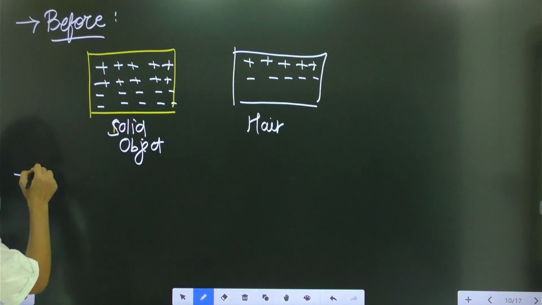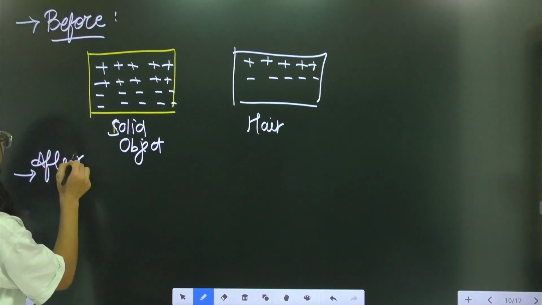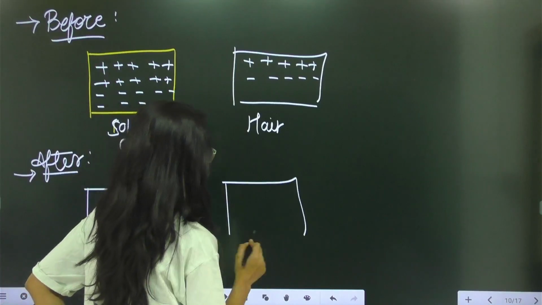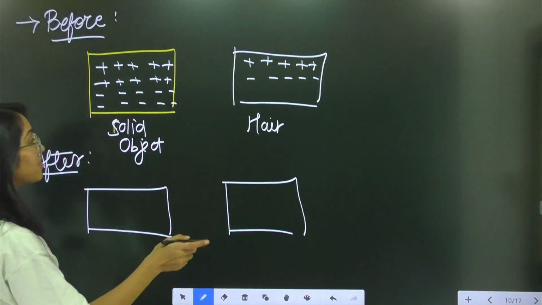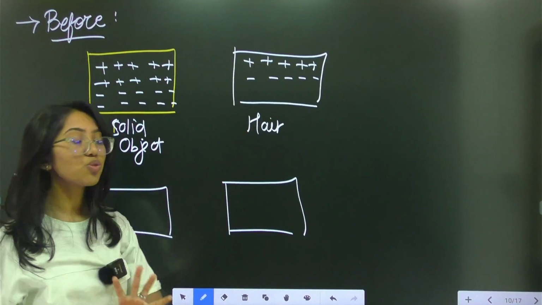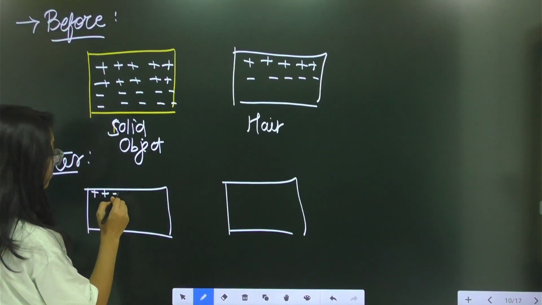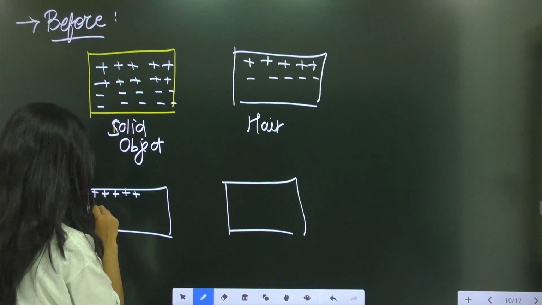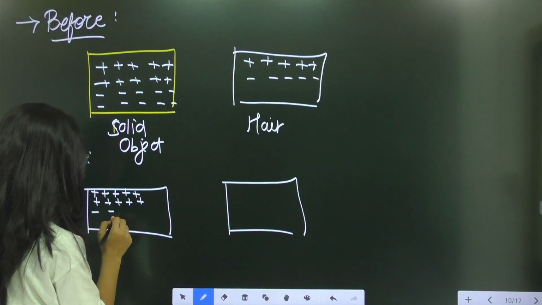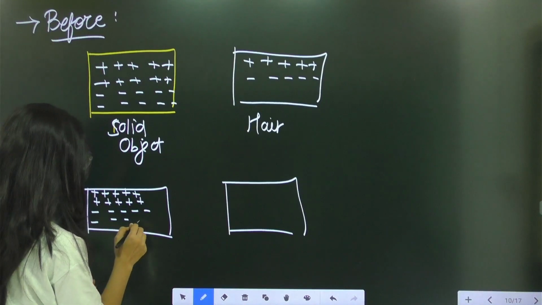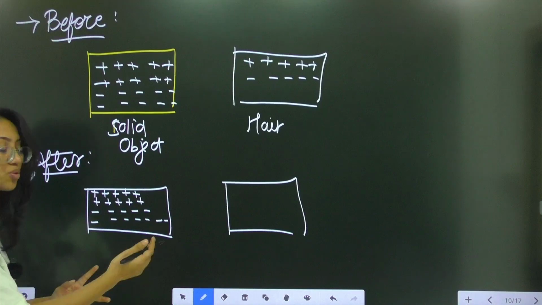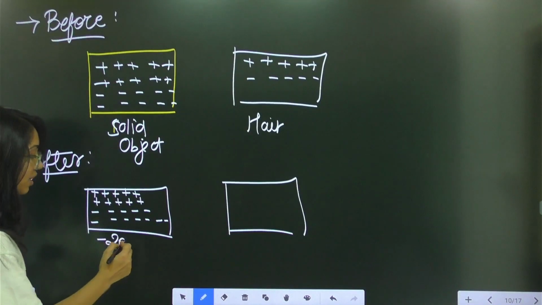Now what happens after? The hair loses and the object gains. Suppose the hair loses 2 electrons, right? So the composition will be like this: 1 2 3 4 5, 1 2 3 4 5, 1 2 3 4 5 and 1 2. So there is a gain of 2 electrons, so it will be minus 2 electrons.